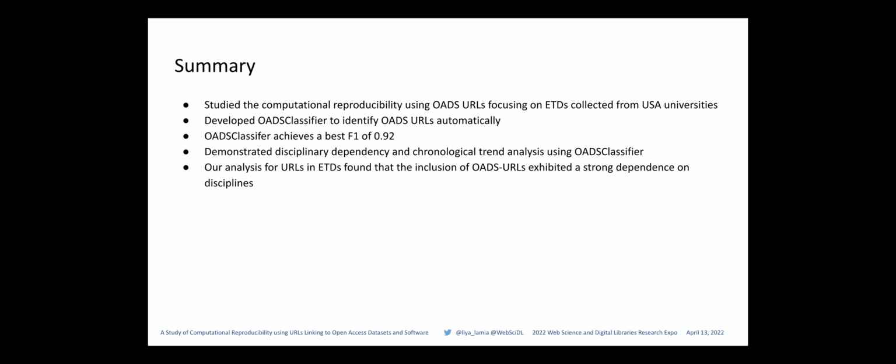However, there's not a big effort in terms of computationally reproducing the results. Before we do that, we need to select the candidates. We need to see which papers it's possible for us to reproduce. So this will be the first step for us to automatically identify research works that could be reproduced computationally. Yeah, that makes a lot of sense.